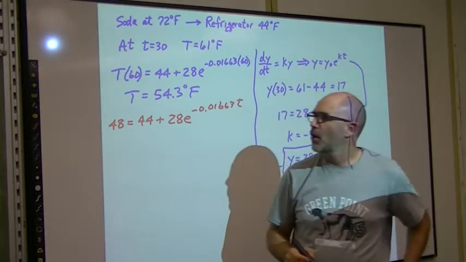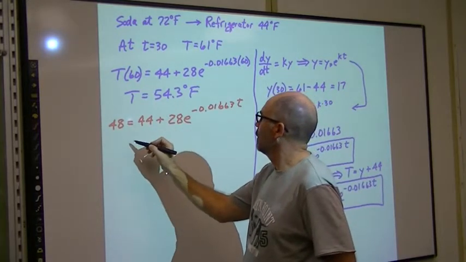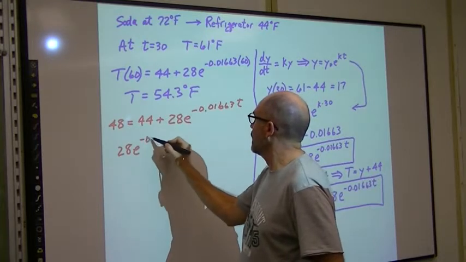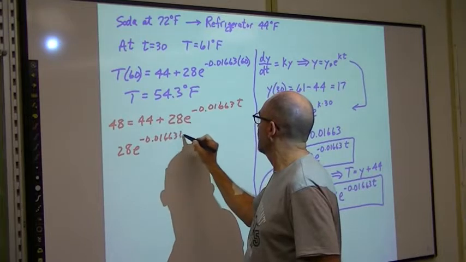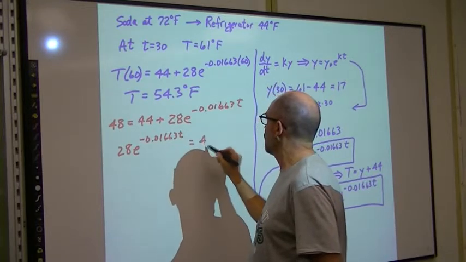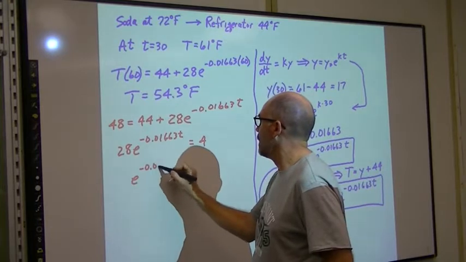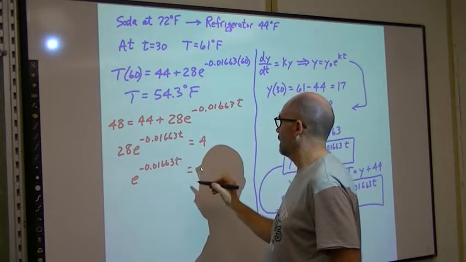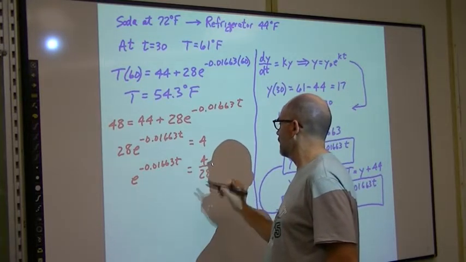So I'm going to subtract out the 44. So 28e to the negative 0.01663t is going to equal 4. So e to the negative 0.01663t equals 4 over 28.